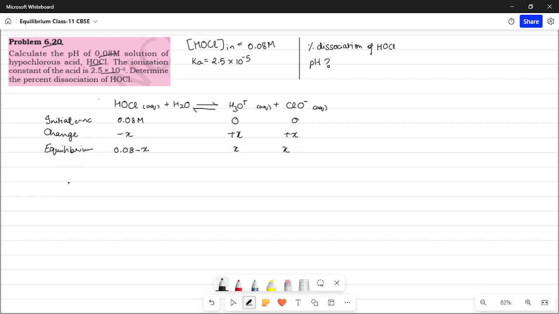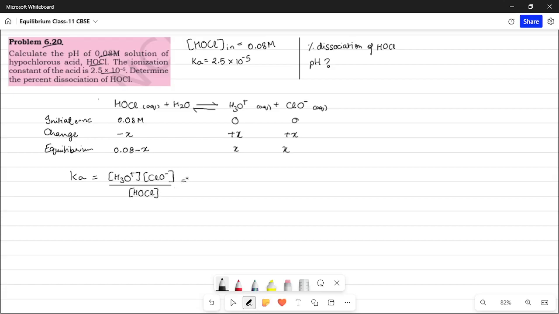So the next step is we are going to use the value of Ka. We've been given the value of Ka, but according to the equation, the Ka formula is going to be the H3O plus concentration into the concentration of ClO minus divided by the concentration of HOCl.